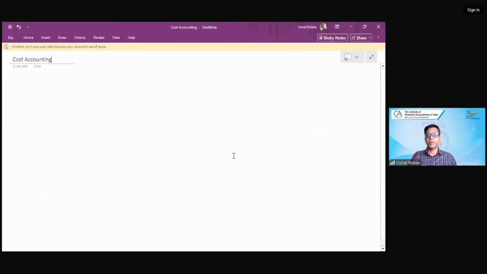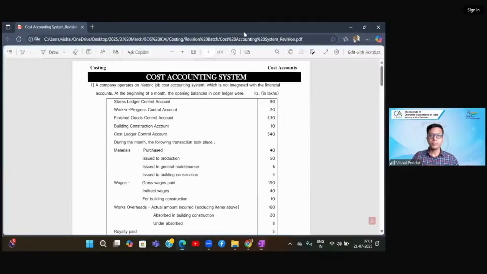The topic today that we are going to revise is a very important one from the perspective of exams. That is the cost accounting system. Plus, as per our schedule, we have to even cover job, batch, and unit costing.